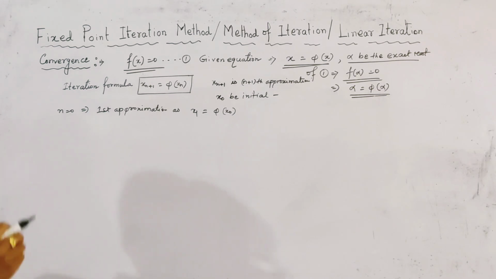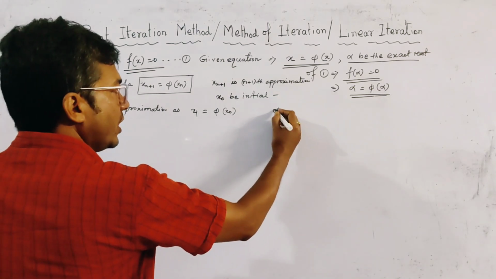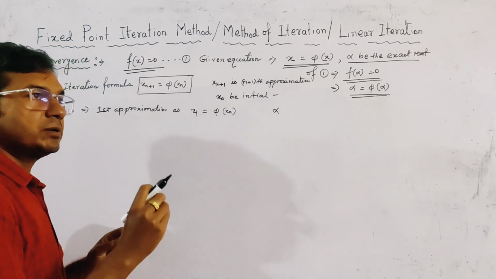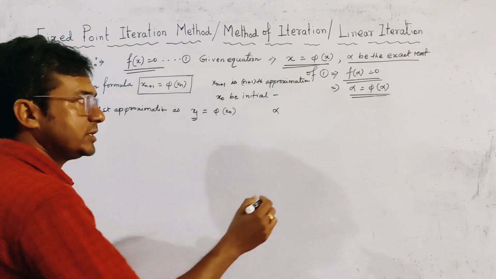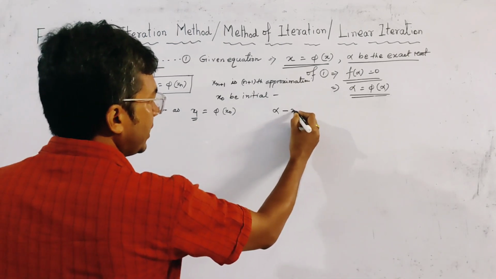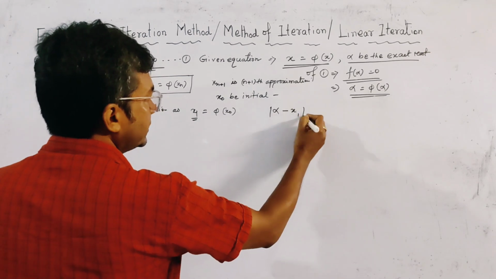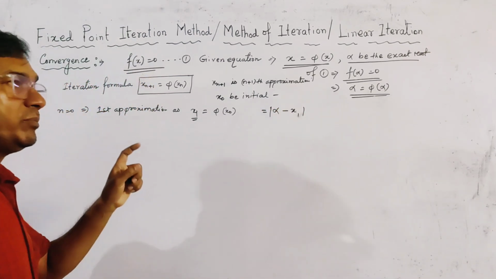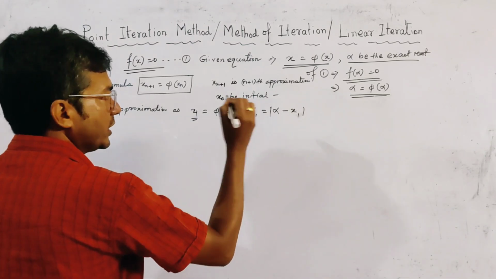This is the first approximation, and we know that alpha is the exact root or exact value of the solution. So alpha minus x1, in modulus, is the error in the first approximation, and we let it be epsilon 1.